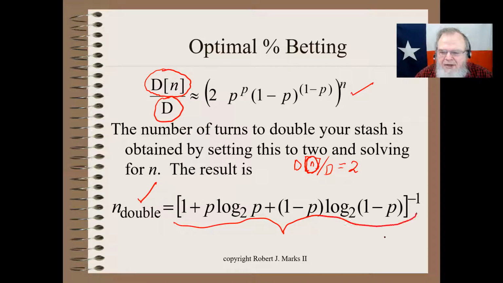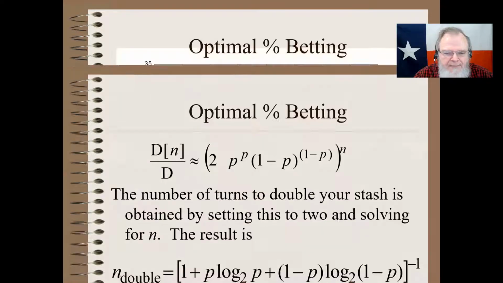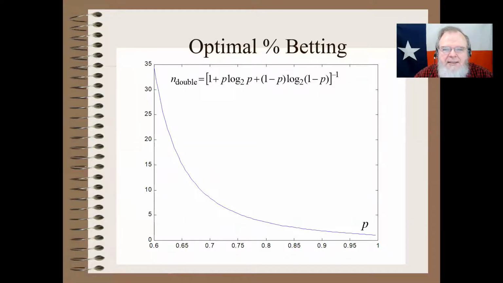Now, this expression is kind of cool, but it's lost all personality to me. I don't understand what's happening here, other than that I followed the rules of algebra and elementary calculus and applied the law of large numbers and got this result. And so this is n double.